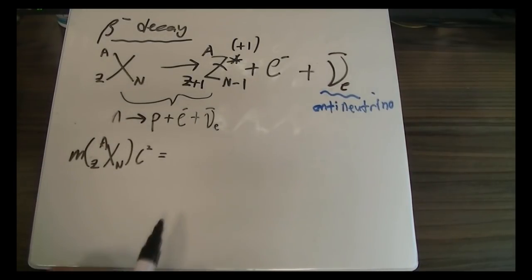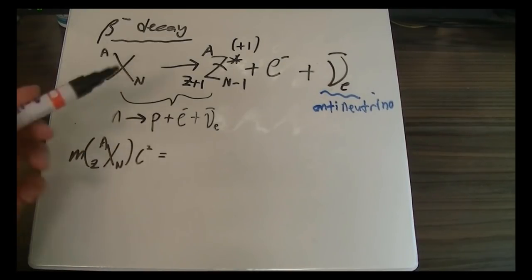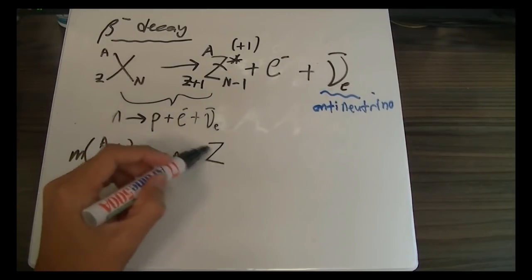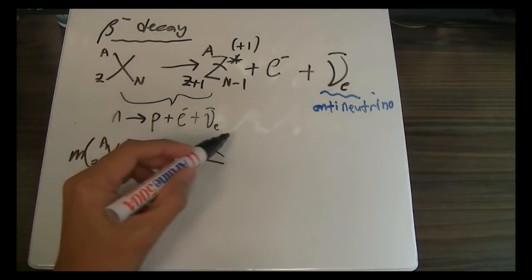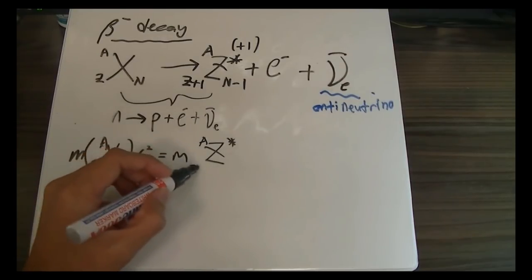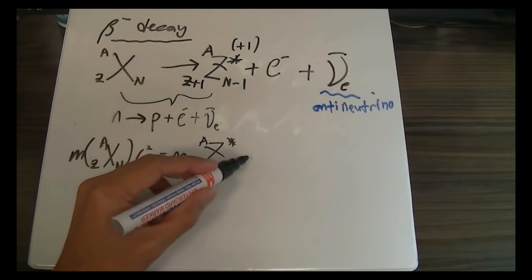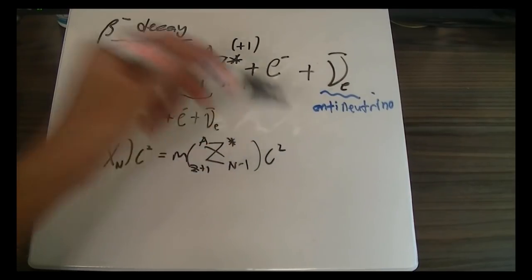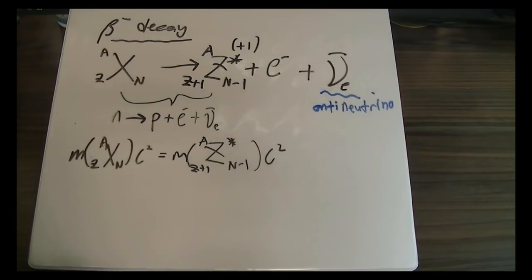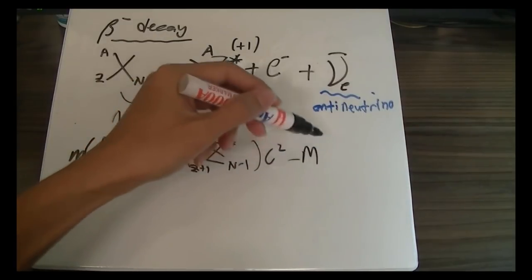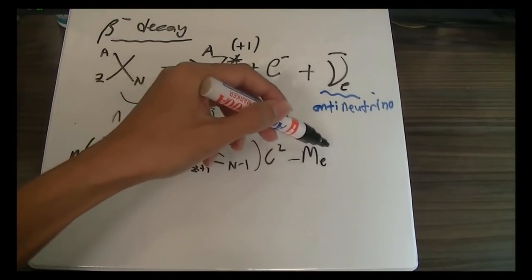Okay, so continuing with the conservation of energy. This is before the decay and after the decay. We get the mass energy for the daughter nuclide, A, Z plus 1, and minus 1 electron, times c squared.